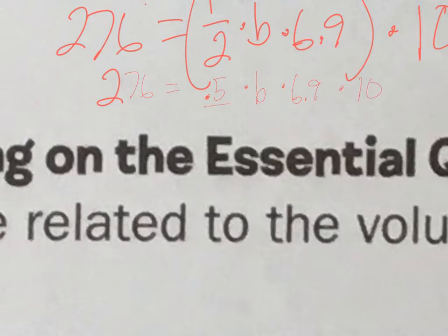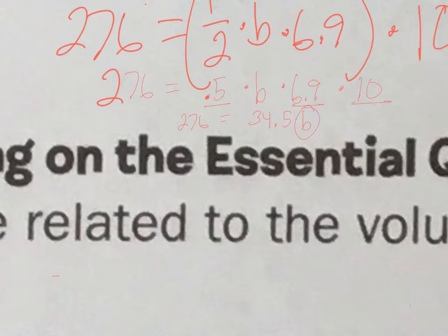So I'm going to multiply this times this times this. So let's see what we get. Start with my 0.5. 0.5 times 6.9 times 10 equals 34.5. And then I have to bring my b down here and bring my 276.